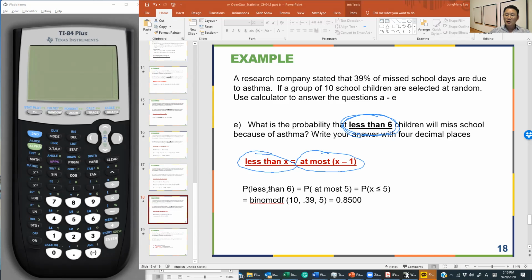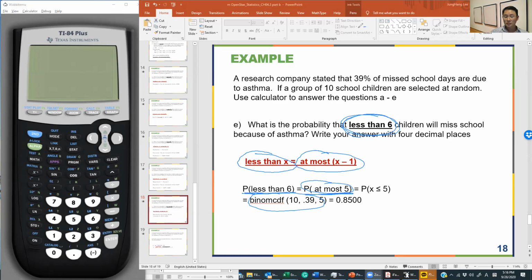So figuring out less than 6 is the same thing as figuring out at most 5. Now, we know how to find at most 5. That's a binomial CDF function, so you just need to put these values in. Well, let's just try this.